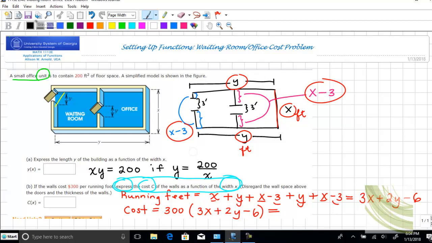And remember, in the previous step we found that y was related to x via the floor space calculation, and so y is 200 divided by x, and this expression would give us the cost in terms of x. For our purposes, there's really no need for you to simplify, although you could if you wanted to. Just make sure you're careful.